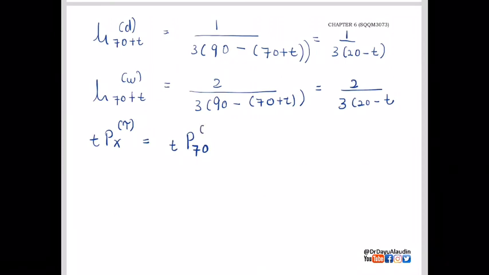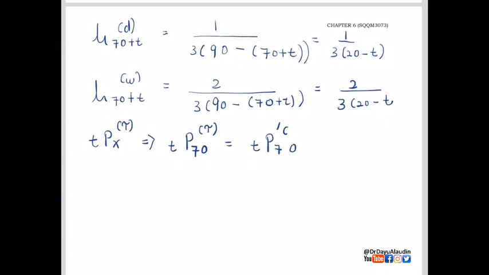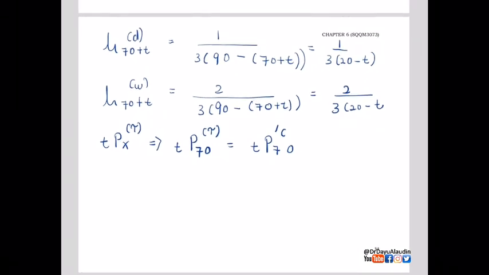So from 70 to 70 plus t, tau is equal to tPx prime for death times tPx prime for withdrawal.